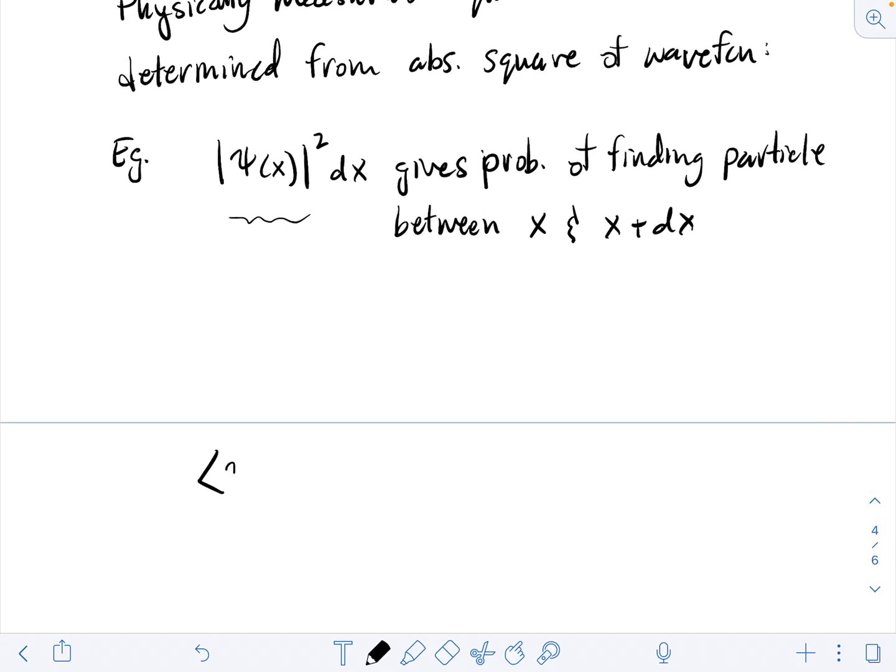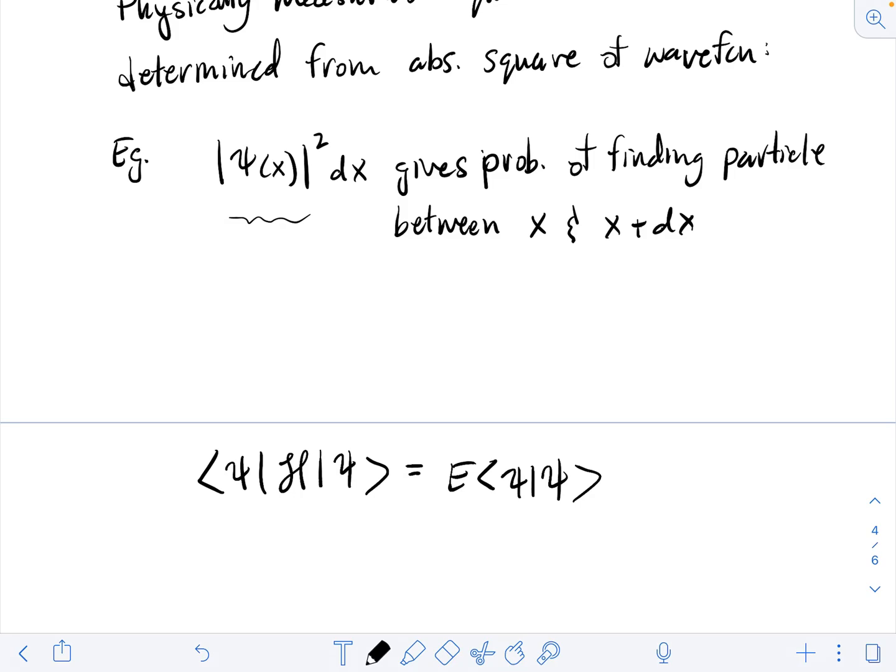Okay, another thing you could do in the Bra and Ket notation is you could evaluate the expectation value of the Hamiltonian, where if the wave function is an eigenstate of the Hamiltonian, then that will tell you the energy.